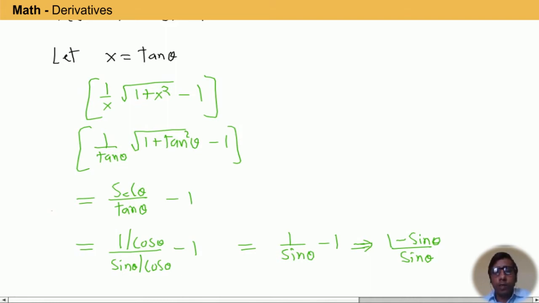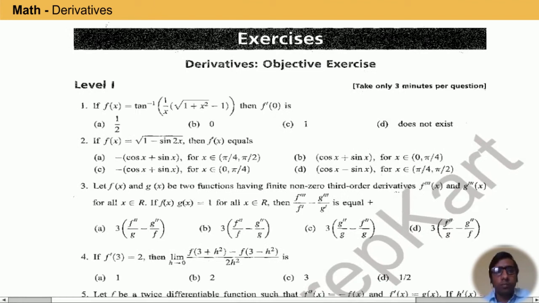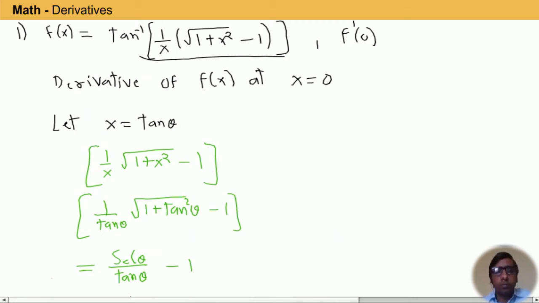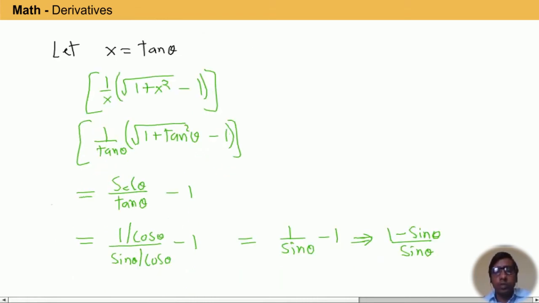So by putting x equal to tan theta and after simplifying, actually we are having a bracket here, so just a small change, that is sec theta minus 1 on the whole. So we can also write this as sec theta minus 1.